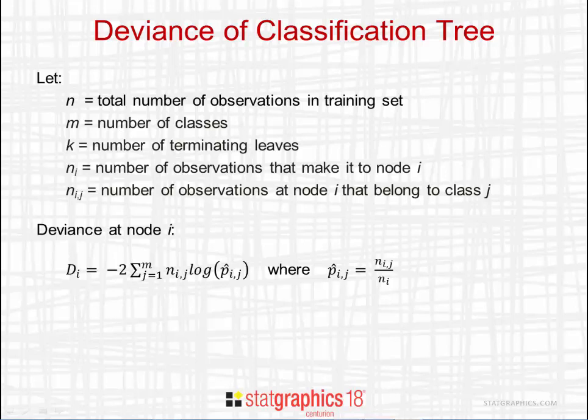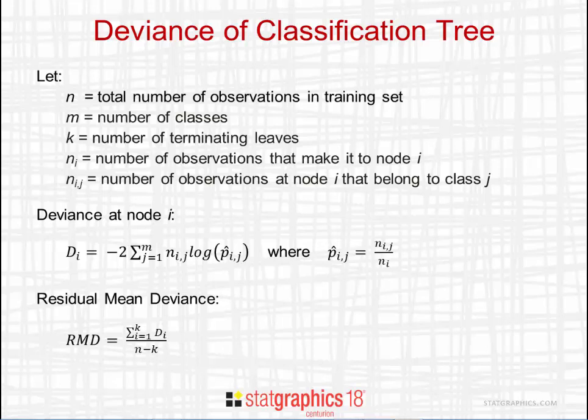This is related to the log likelihood function of a multinomial distribution at node i. Basically, the smaller the deviance at a particular node, the more reliable the prediction. It's also common to talk about the residual mean deviance.